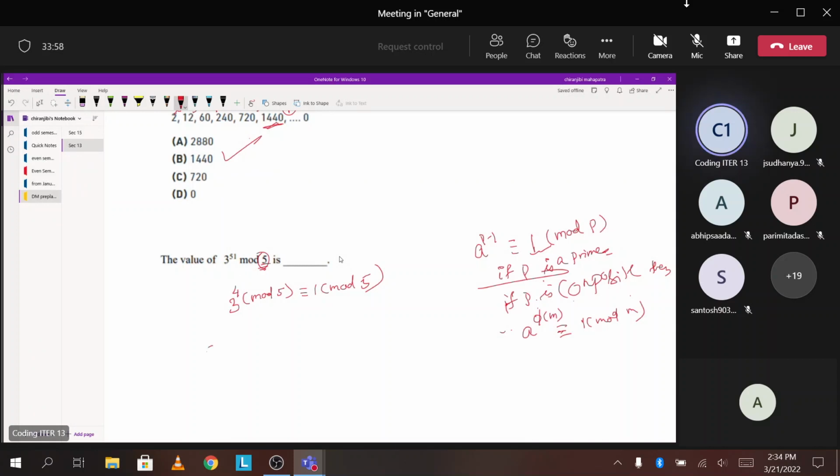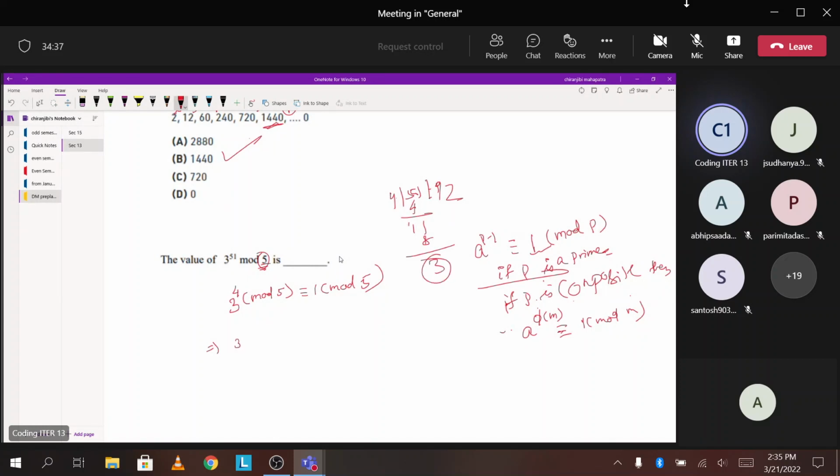So what we will do right now, just divide 51 by this 4. 4 into 12 is 48, so the remainder is 3.